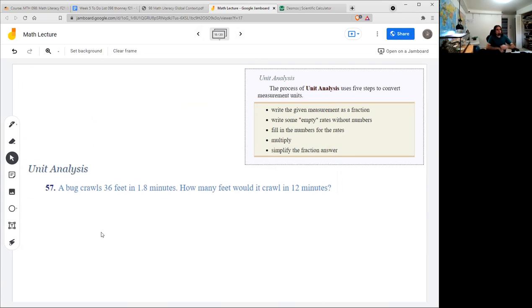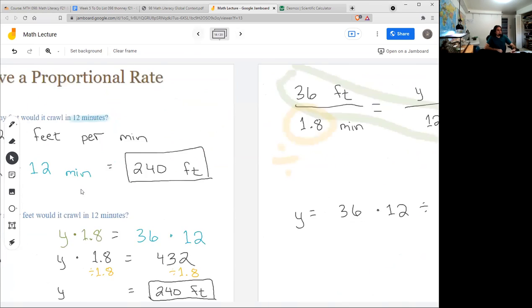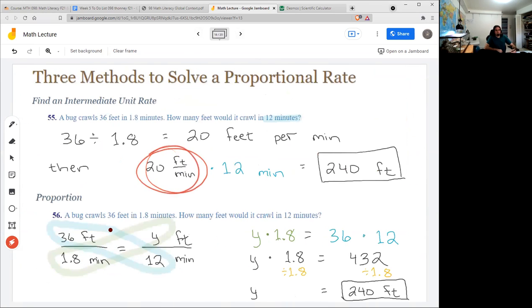This one we could do 2 other ways. We could do it by finding a unit rate first, and that worked great. We could do it with a proportion, and that worked great.